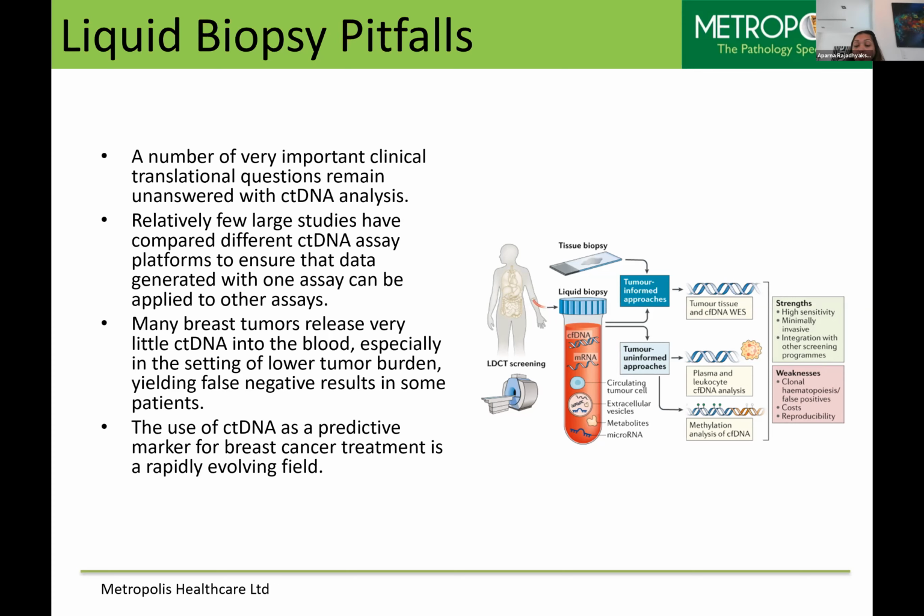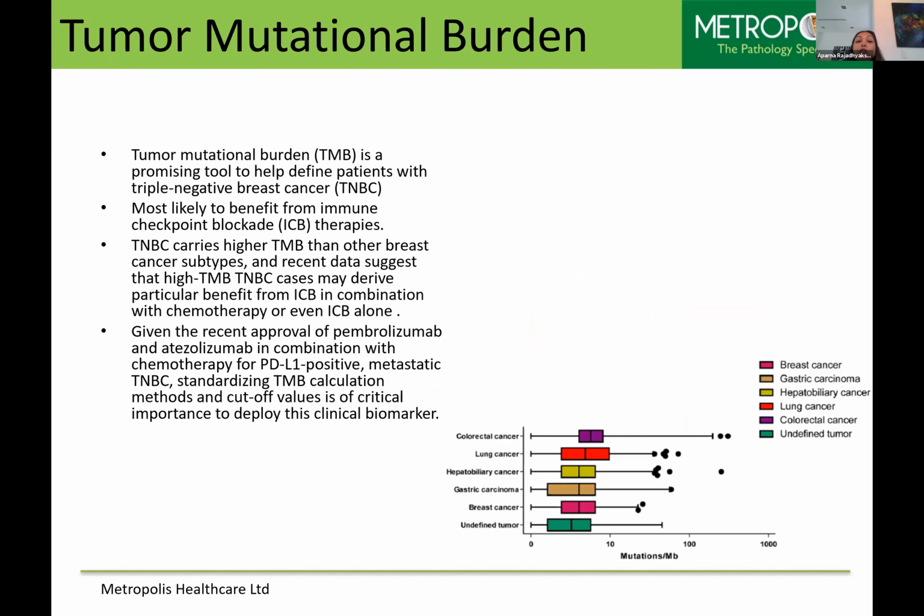That's why a tissue sample along with a liquid sample at diagnosis is important. However, we can use it for predictive status of breast cancer. When we talk about tumor mutational burden, or how therapy is progressing, we can do a liquid biopsy for that.